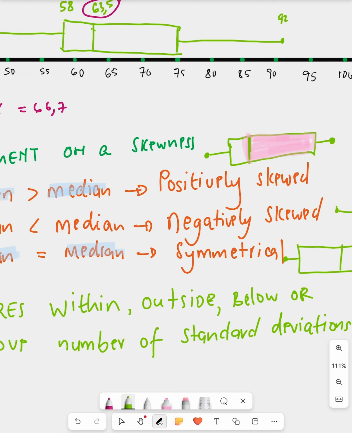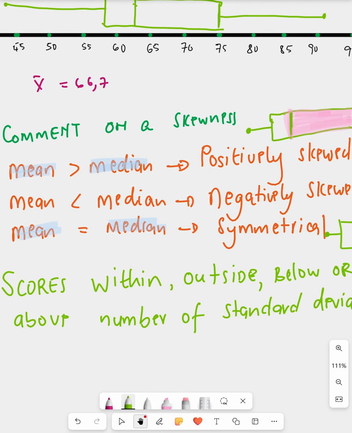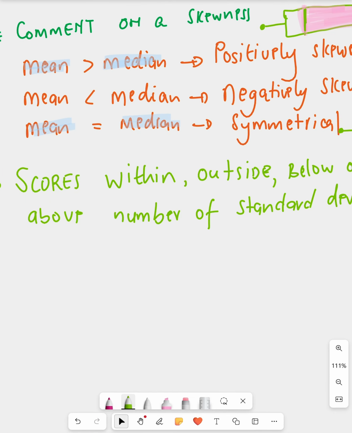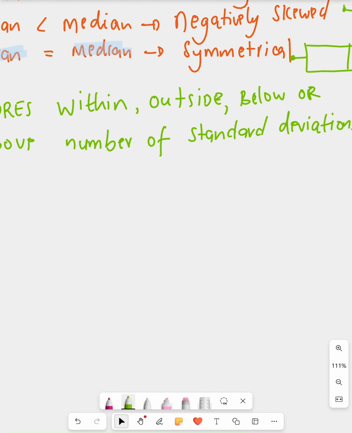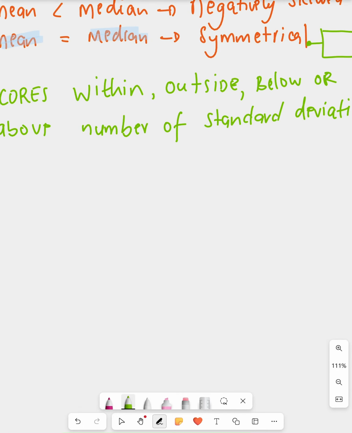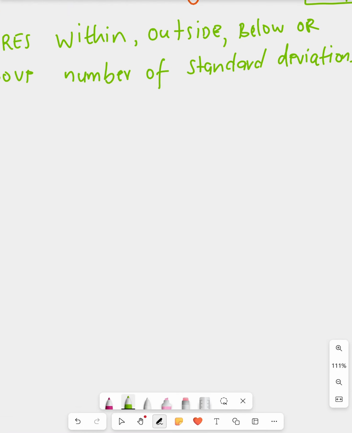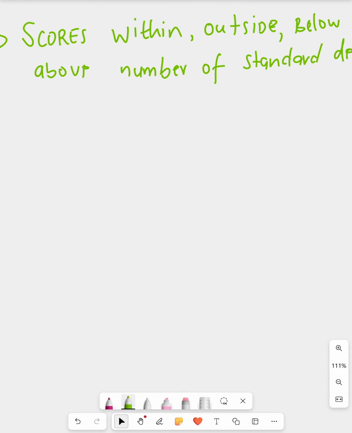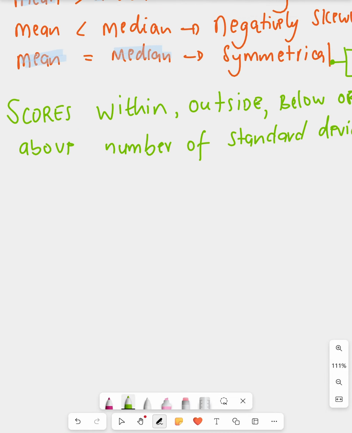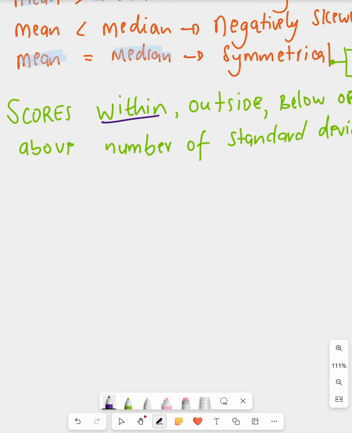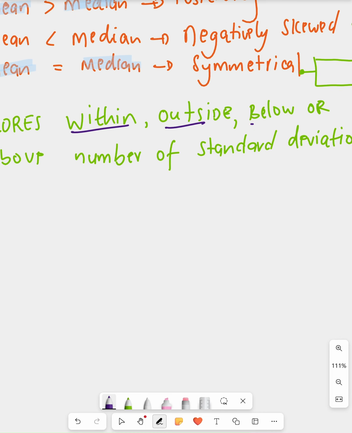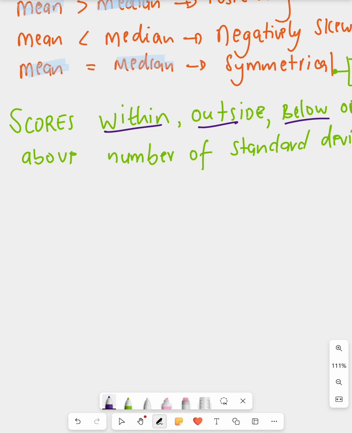Now, we are done with the 5-number summary, the box and whisker, and commenting on the skewness. And now let's look at the scores within, outside, below, or above a number of standard deviations of the mean. In your data set, some of the scores can be within, outside, below, or above the number of standard deviations.